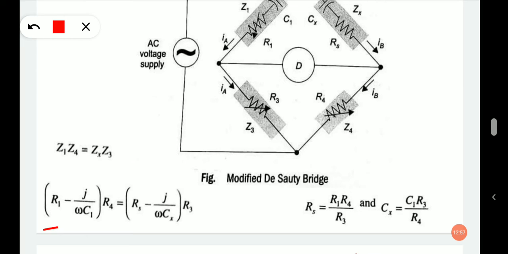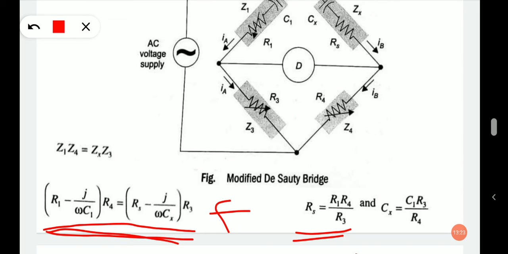In complex notation we can write (R1 minus j upon omega C1) into R4 is equal to (Rs minus j upon omega Cx) into R3. Now if we separate and equate real and imaginary parts of this equation, we can write Rs equals R1 R4 upon R3 and Cx equals C1 R3 upon R4.